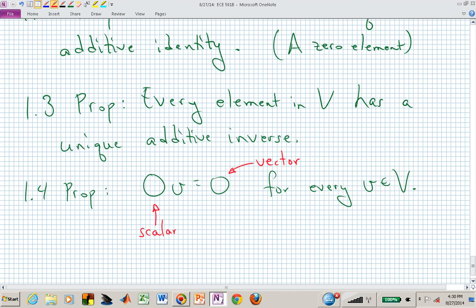V could belong to one of those other vector spaces. Maybe v is a function, but it's also called a vector. So this is now the zero function instead of just the zero scalar.